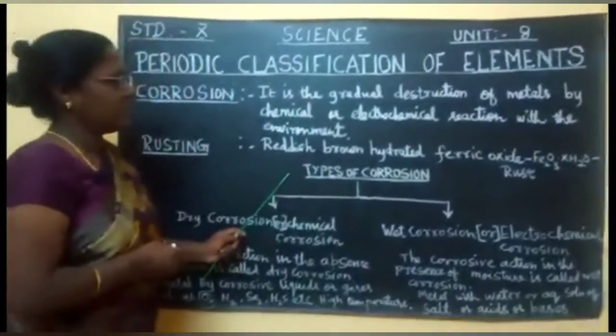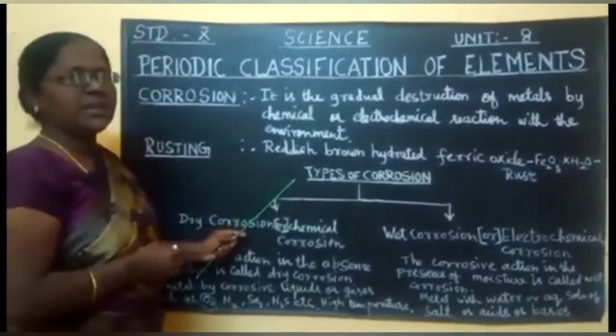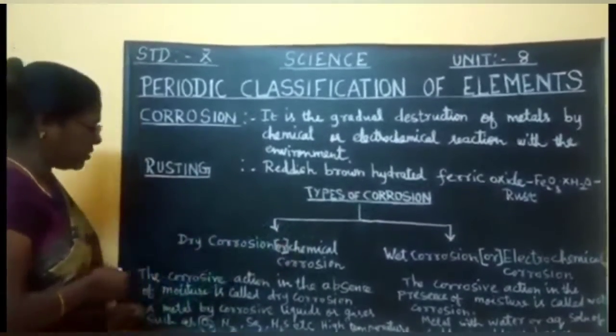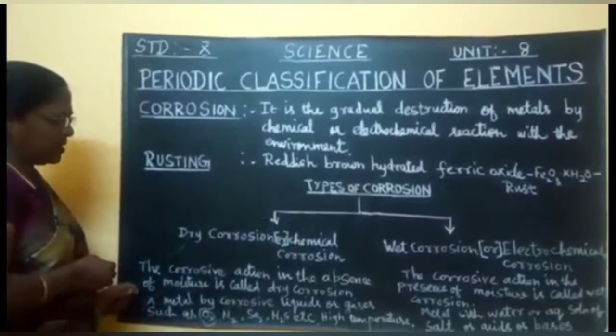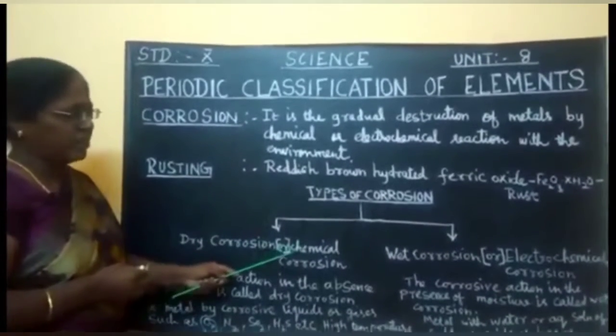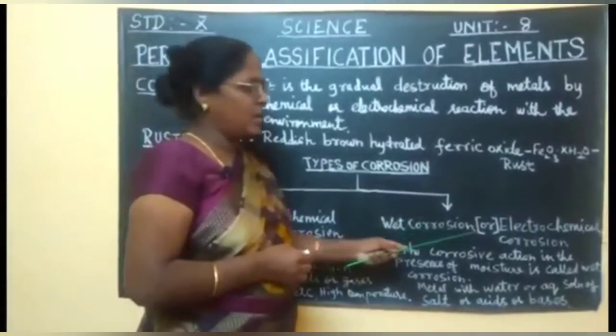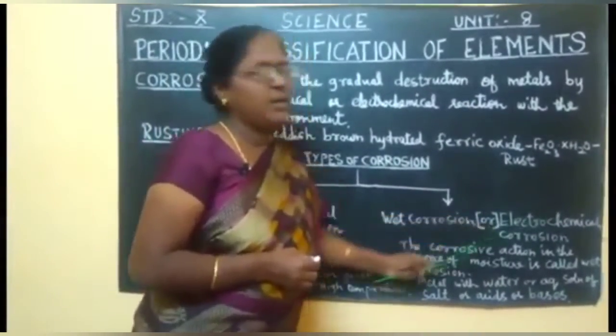So here you will be getting a question: explain the types of corrosion, or they will ask in a 2 mark question: what is dry corrosion or chemical corrosion, and what is wet corrosion or electrochemical corrosion?